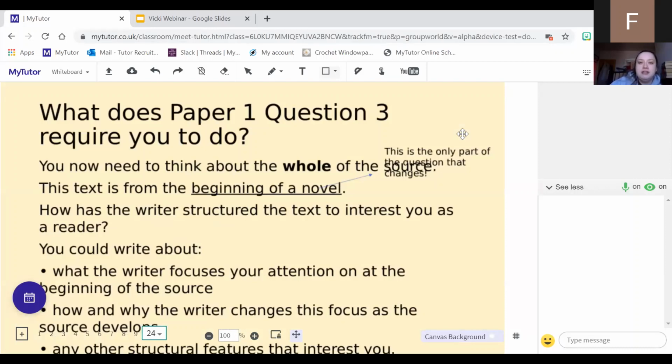Right, let's see what questions you're throwing at me. So, punctuation, does that count as structure? Well, no, don't write about punctuation, because that's something you could write about in sentence forms in question 2. In terms of what is coming up and are we doing English literature, I think Frederica said that last Friday, that's something that's being considered, but it's not in place, at least with me anyway.